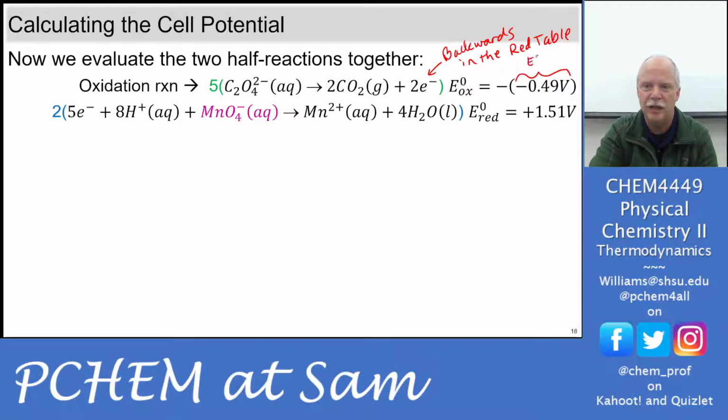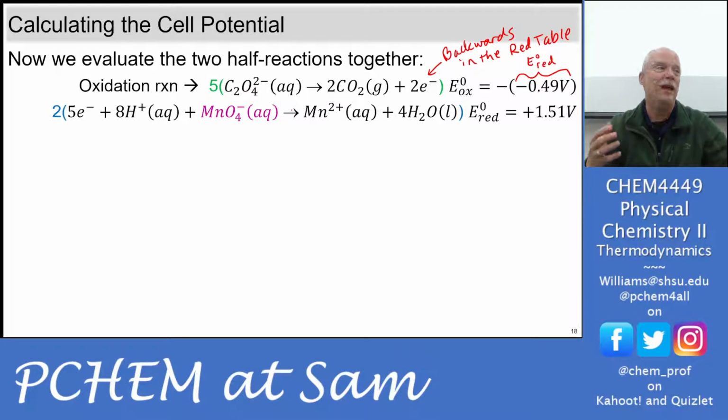So E standard reduction would be negative 0.49. And so we write this the other way and change the sign on the 0.49, and then we can add those together.